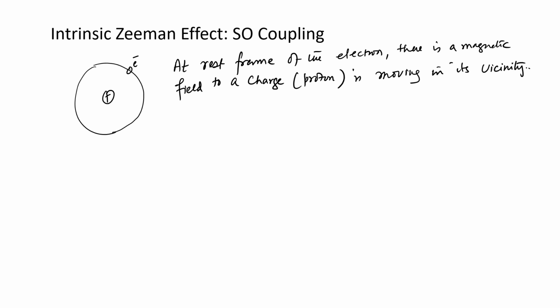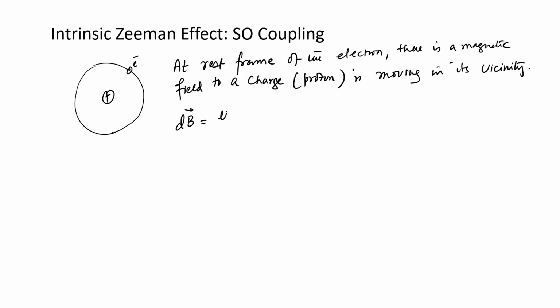If that is acceptable to you, we have a way to calculate that magnetic field by a formula called the Biot-Savart law in classical electromagnetism, which tells you that this elemental magnetic field due to a small section of the current that flows in the wire is given by mu 0 over 4 pi, I dl cross r divided by r cube, where r is the distance between the current flowing and where you want to calculate the magnetic field.